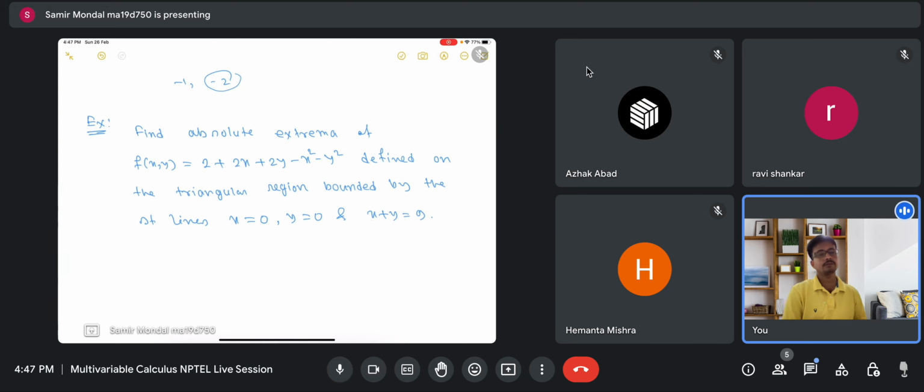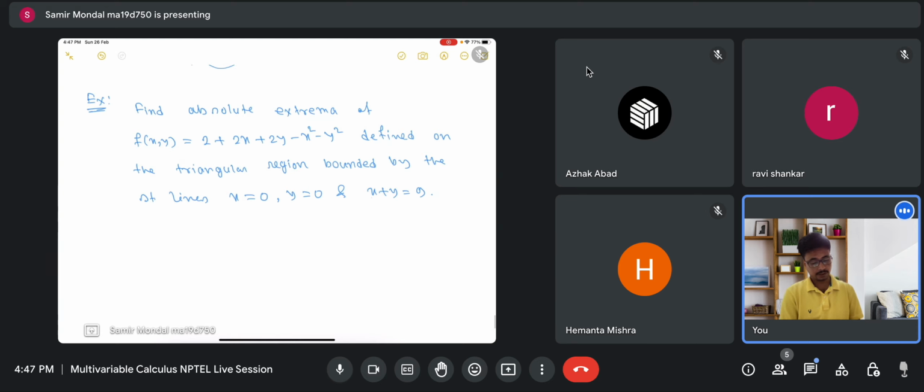Here I am giving you one region where boundary point is also there.